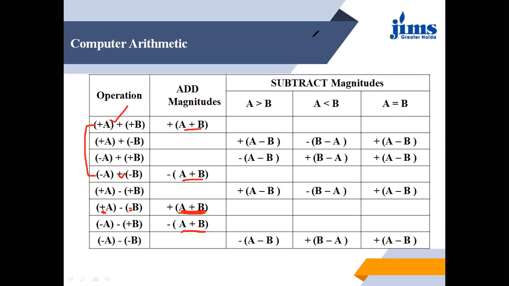This was the reason I was telling you that the rules of addition will be used over there in subtraction, and it's really easy to understand and we can implement it in subtraction.